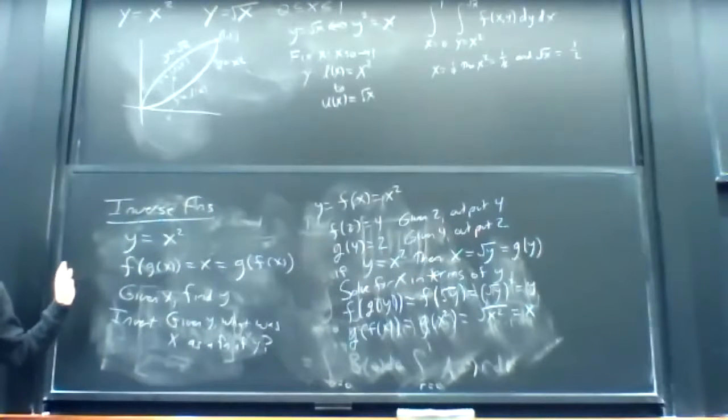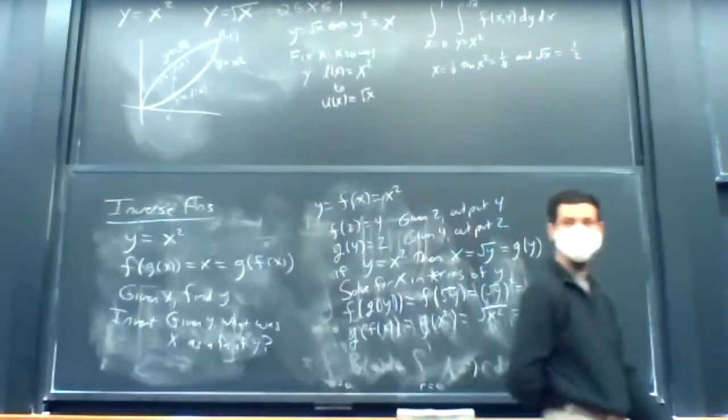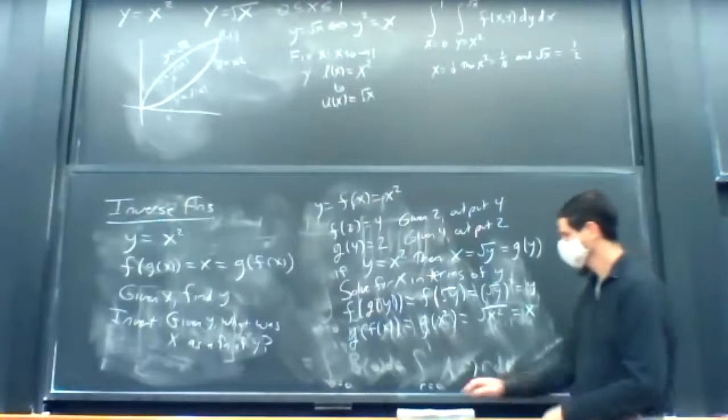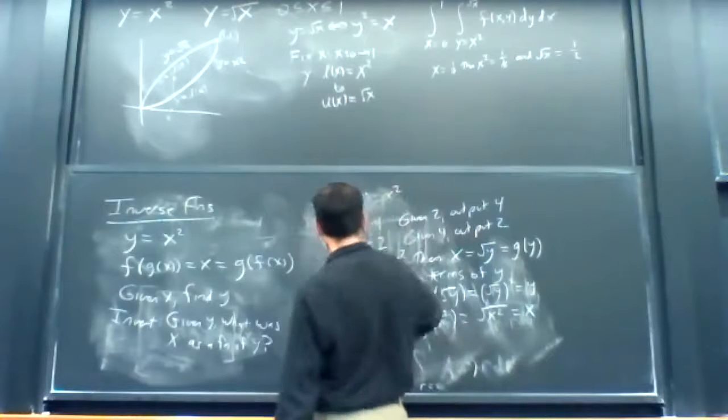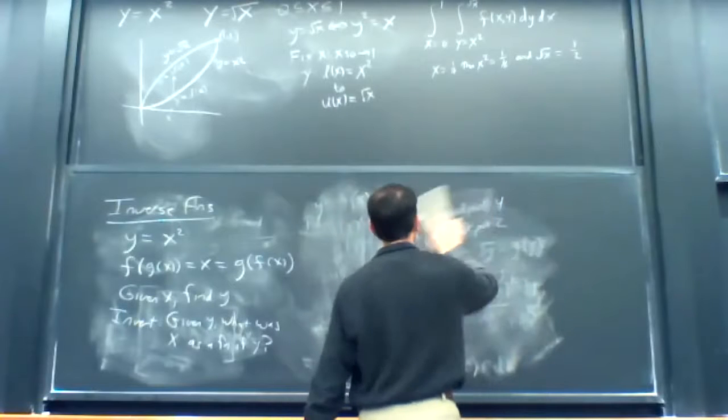Should we do another problem like this? Okay, let's do another problem. Are people comfortable with this? Can I erase this over here? So sometimes you may not always be able to invert.